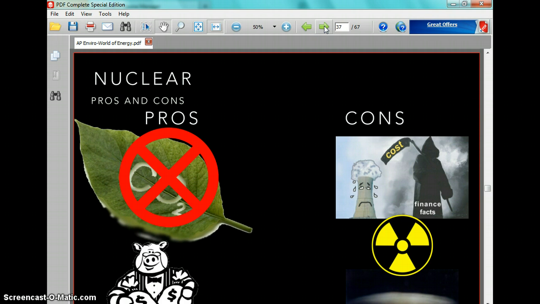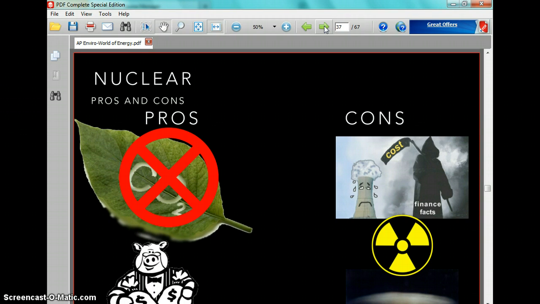Cons are the financial cost: the cost to build a reactor, the cost to make sure that the reactor is safe, and then when the reactor breaks down, the cost to decommission it. And usually this price ranges in the billions. Maybe a nuclear reactor in its lifespan could cost around $500 billion.